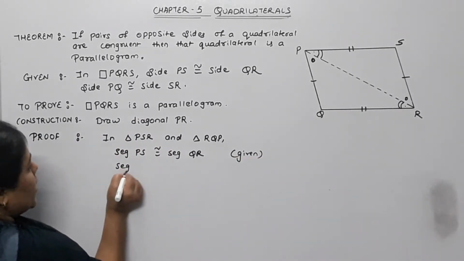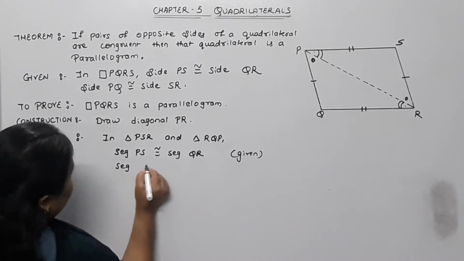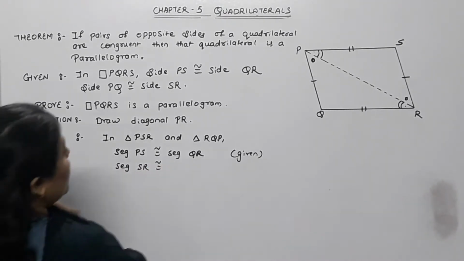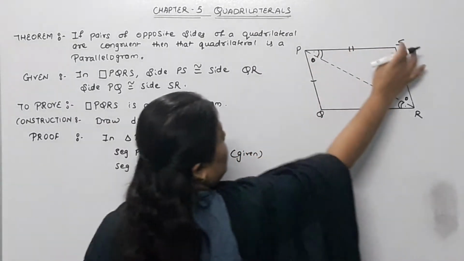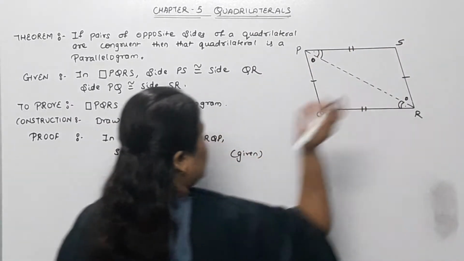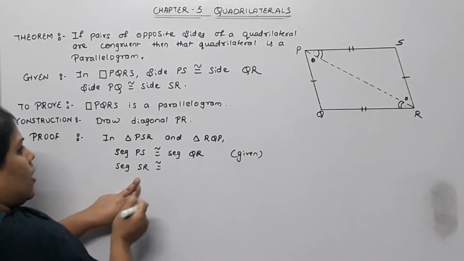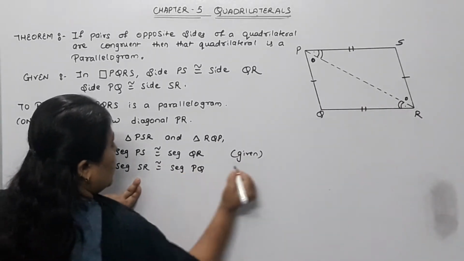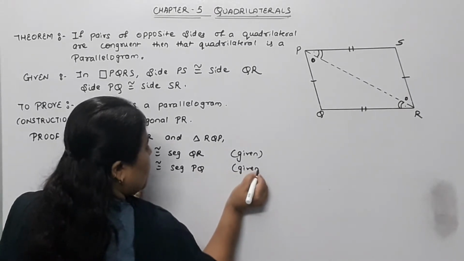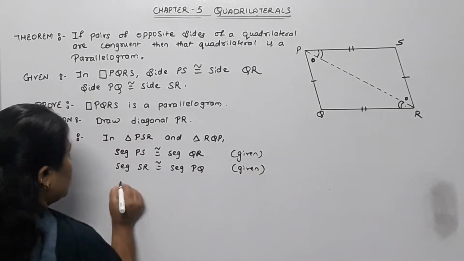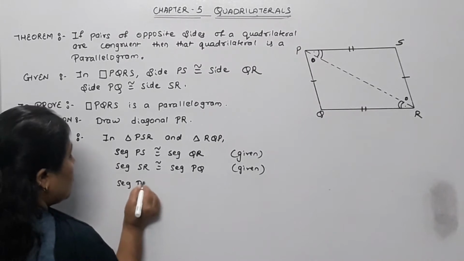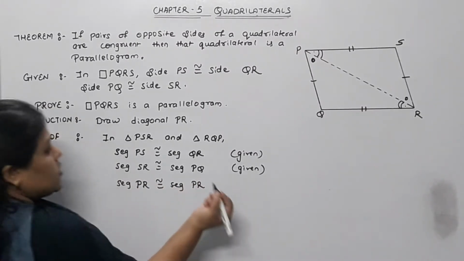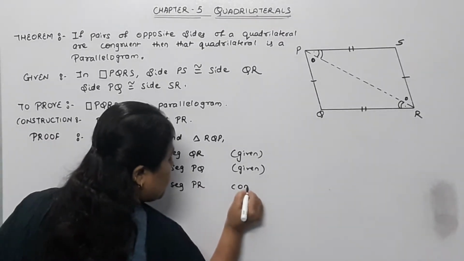Then seg SR, as we are taking first this triangle PSR, I will take SR first. So SR is congruent to seg PQ, that is also given to you, right? Then seg PR congruent to seg PR, that is the common side.